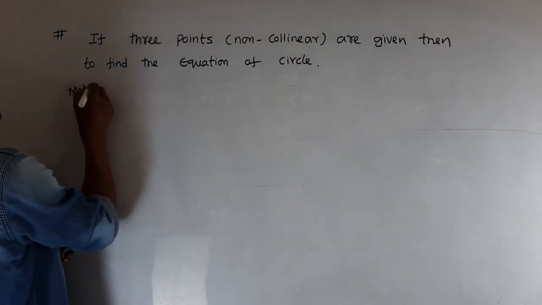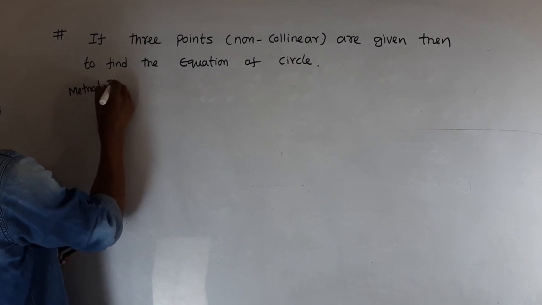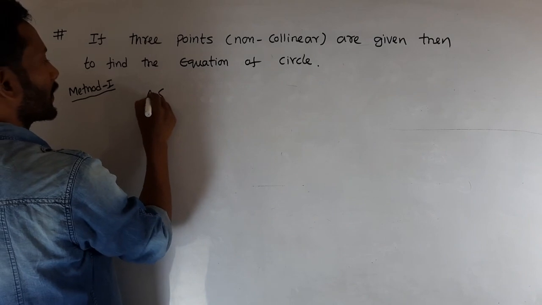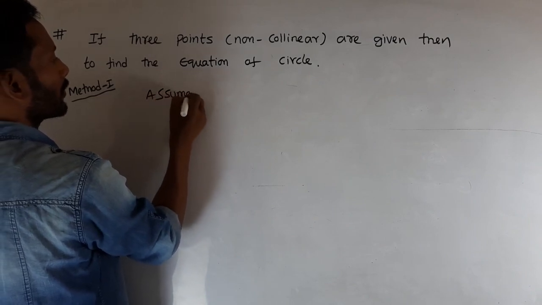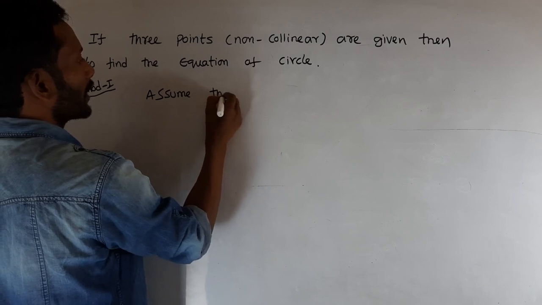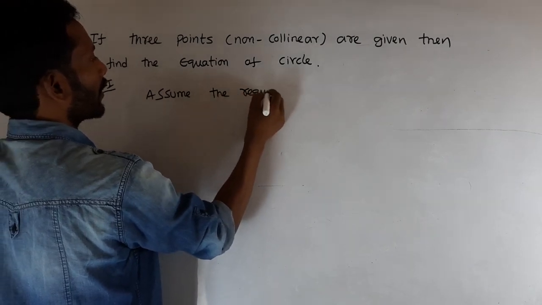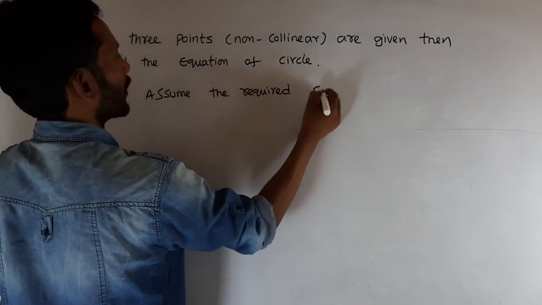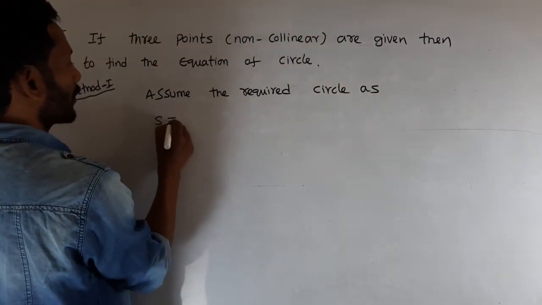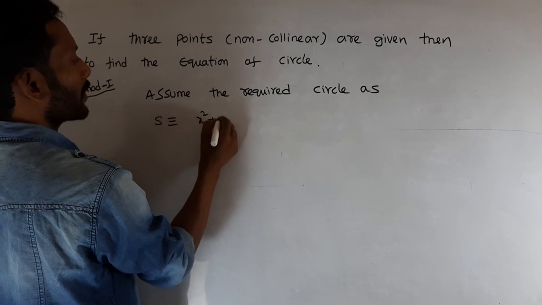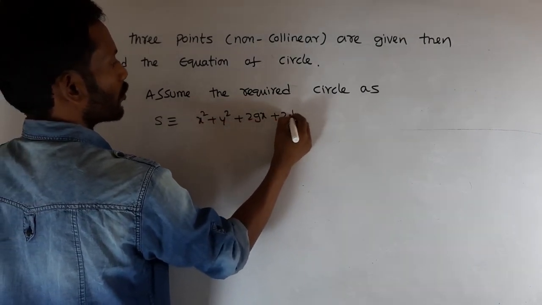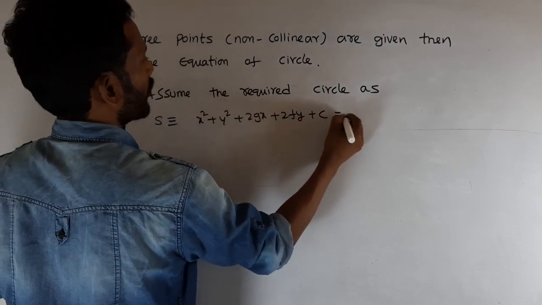Method 1: assume the required circle as x square plus y square plus 2gx plus 2fy plus c equal to 0.